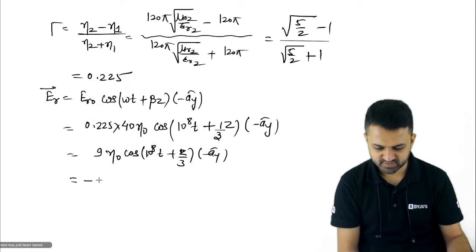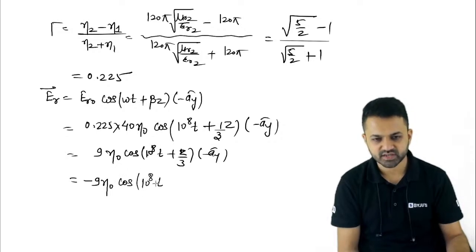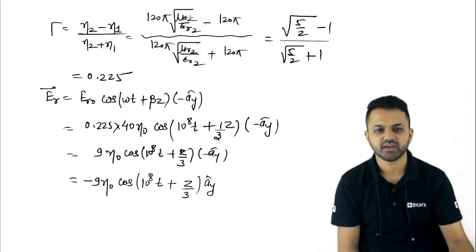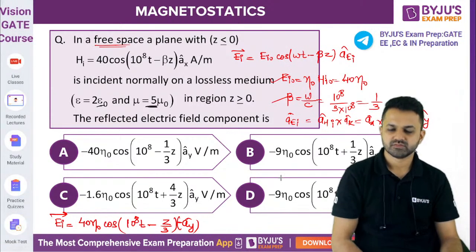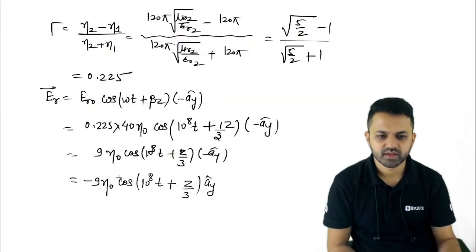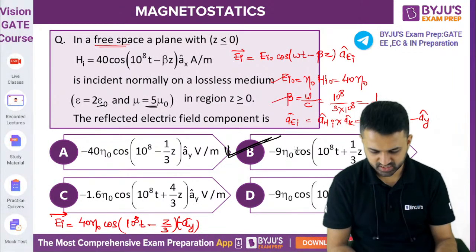So our final answer is minus 9. Yes, Bhaskar, good evening. Minus 9 eta naught cos of 10 to the power 8 t plus z upon 3. Okay, so in this way we have got this answer as option number B.